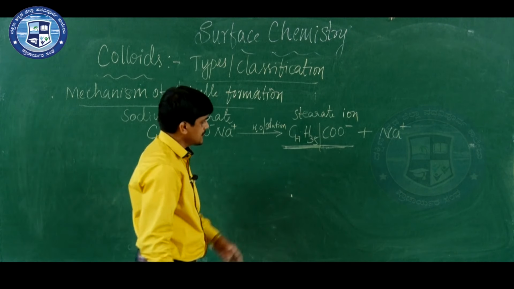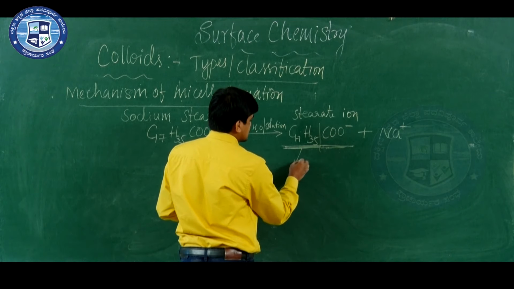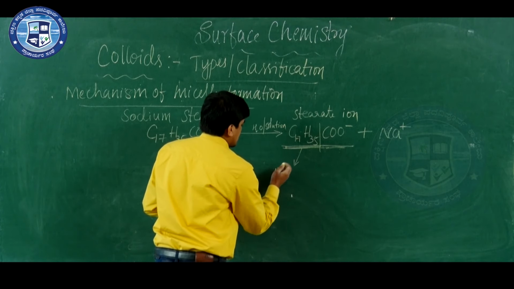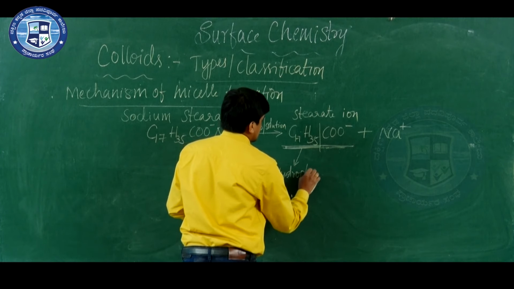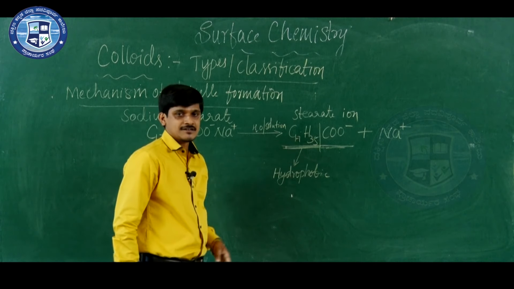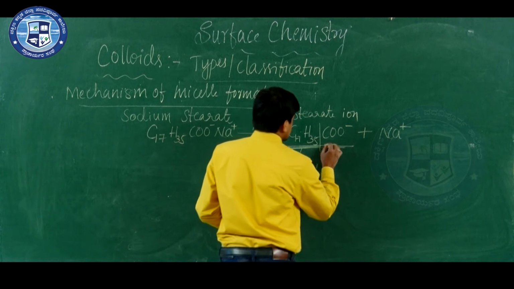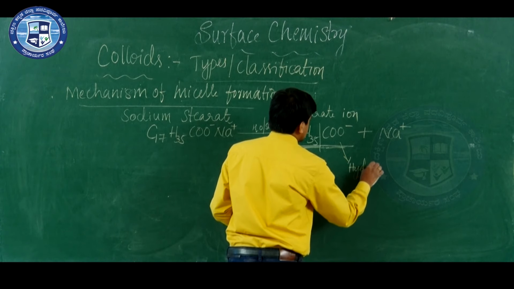The long chain hydrocarbon is hydrophobic, that means water repellent, whereas the COO minus group is the hydrophilic part.